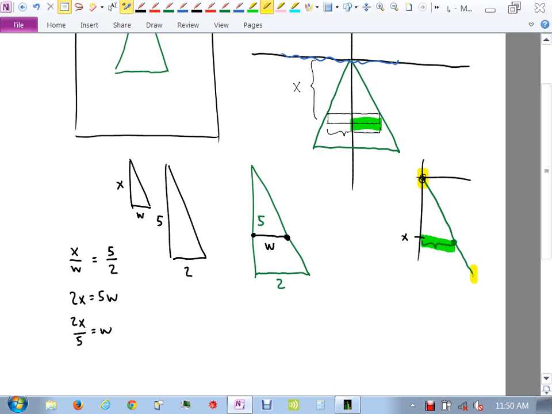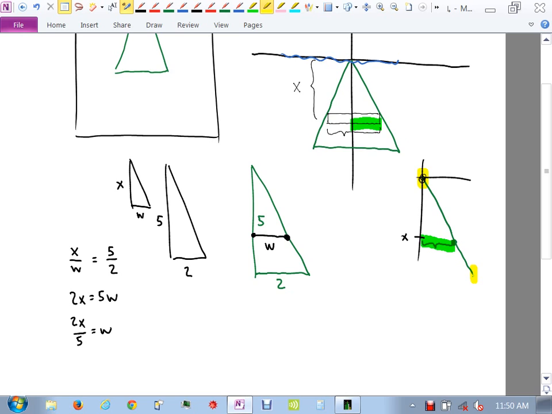Rise from the origin, go up 2 and then over 5. So it has a slope of rise over run, 2/5 x, and a y-intercept of 0. So that distance would be 2/5 x. It's the same exact thing that you get when you set up a ratio of triangles. Either way, you get the same thing, okay?